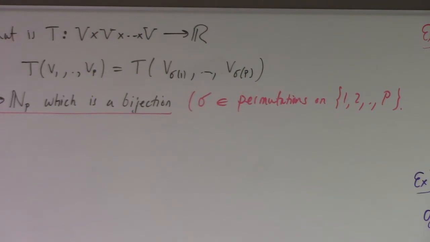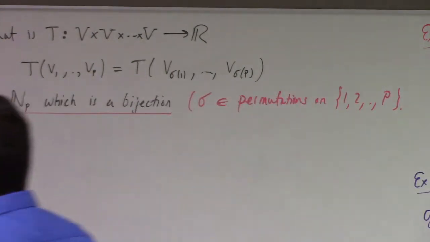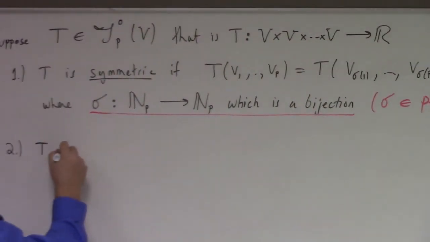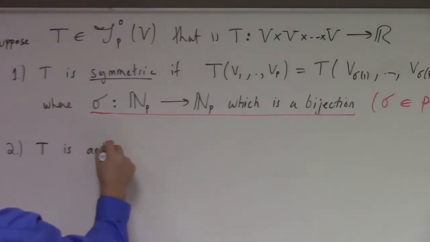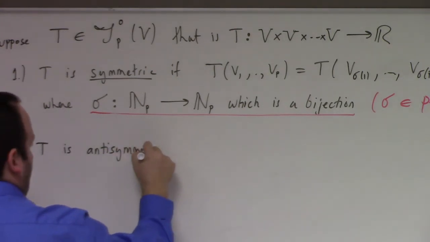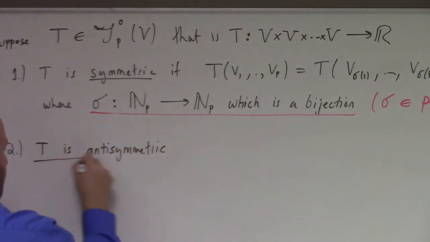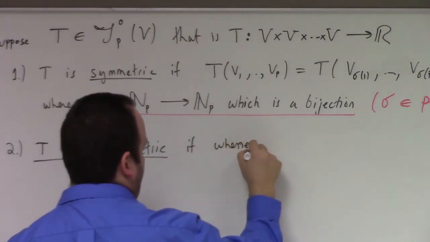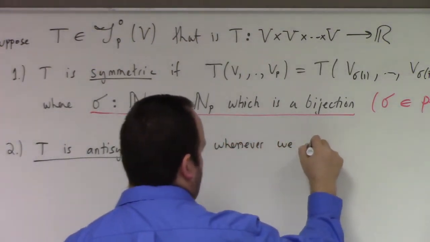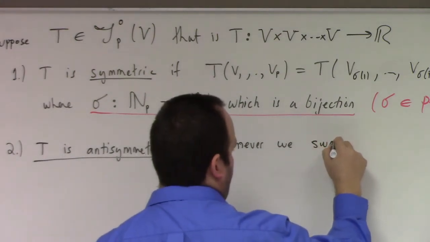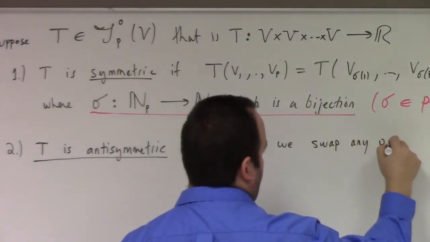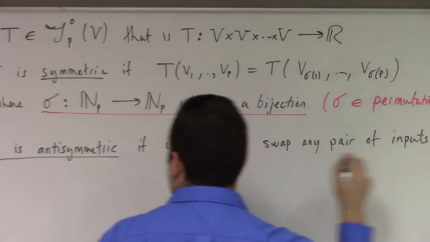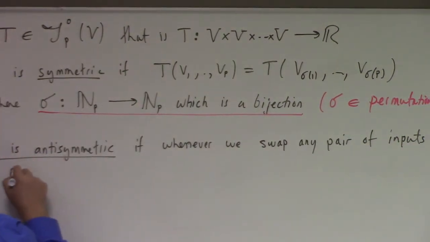What's complete anti-symmetry? If whenever we swap any pair of inputs, a minus sign is generated.